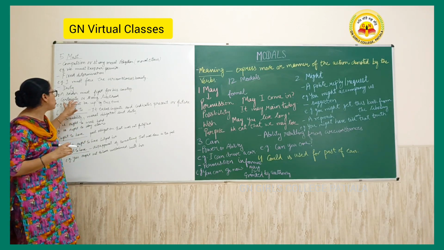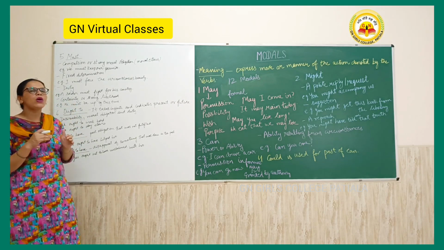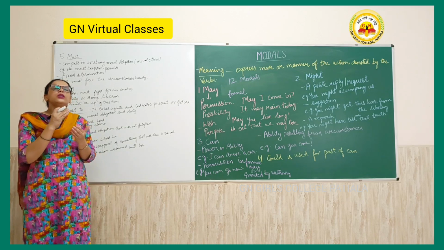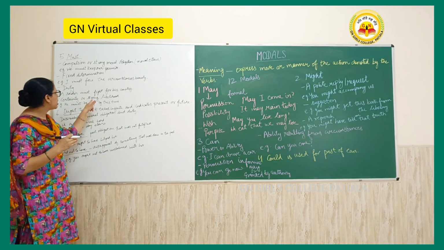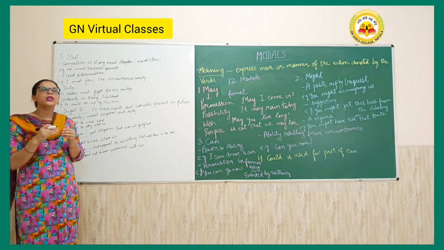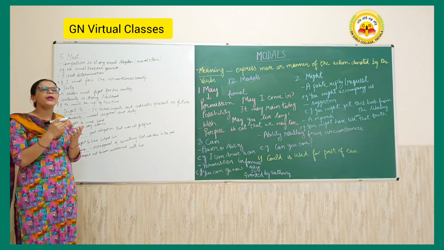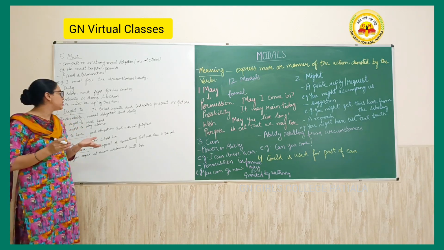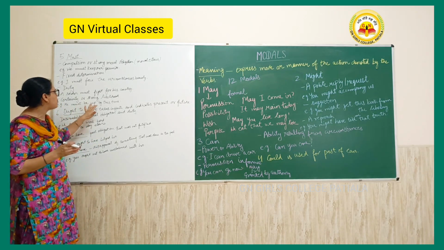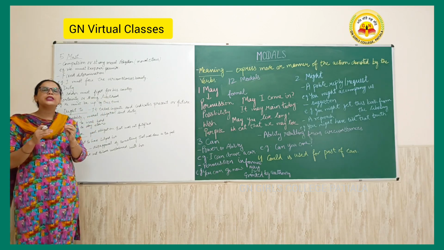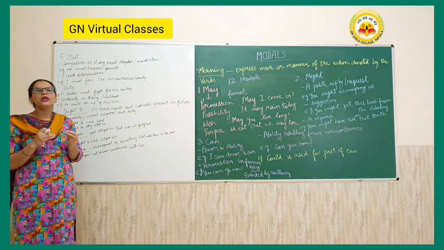Next one is certainty or strong likelihood. Certainty or strong likelihood means the circumstances have happened, or things happen at that time, like this. For example, he must be up by this time. This is the regular routine of a person.